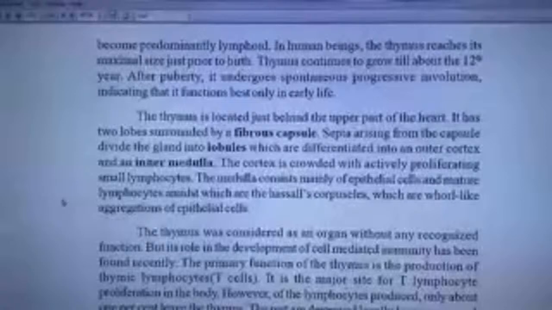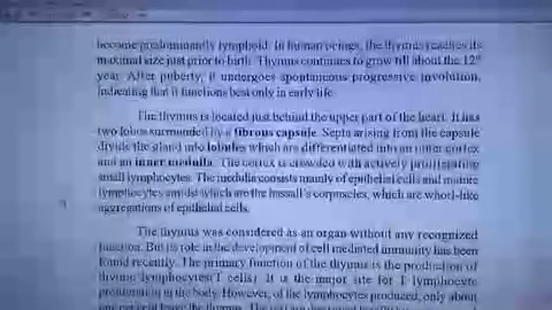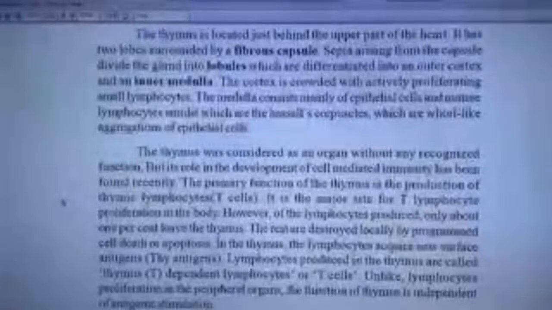The thymus continues to grow till about the 12th year, after puberty. It undergoes spontaneous involution, indicating that it functions best only in early life. The thymus is located just behind the upper part of the heart. It has two lobes surrounded by a fibrous capsule.